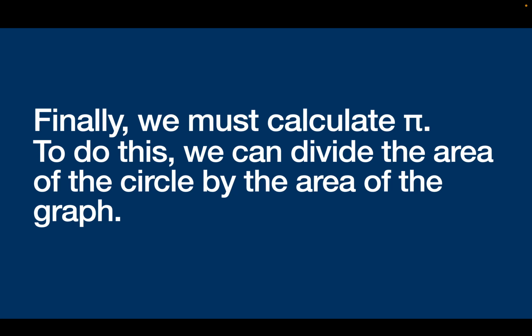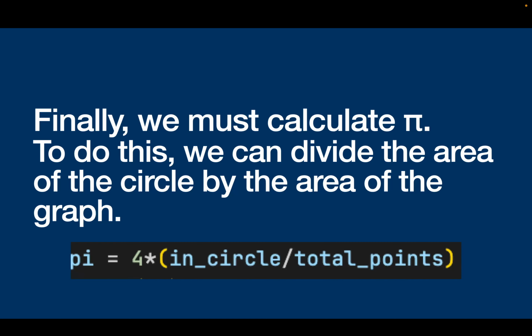So we divide the area of the circle, which is pi r squared, by the area of the graph. Let's do that right now. It would be this. We multiply by 4 because that's kind of like a margin for us. So this should give us pi.